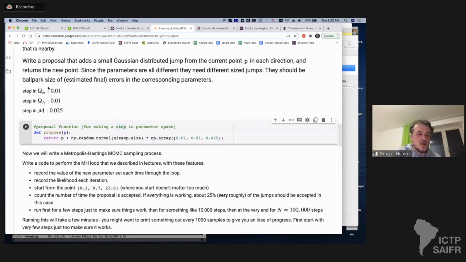It could be any number between minus infinity and plus infinity, but most likely it's between minus 0.01 and 0.01, right? So it's a Gaussian with width 0.01 in this direction and in this and in that. You want to step randomly in 3D, where the typical excursion is this. Are there questions about this line? So these are the three steps. Okay, so this is the proposal.